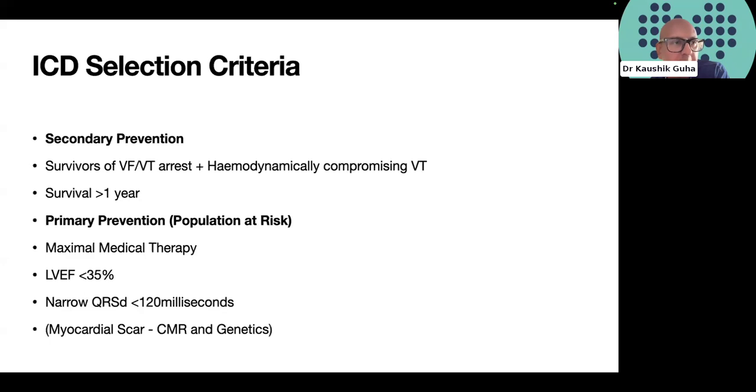There are emerging issues with myocardial scar, which is visualized on a cardiac MRI study, and potentially certain genotypes which are more malignant, which may play a role in patient selection in the future, though these are all subject to large-scale randomized controlled studies.